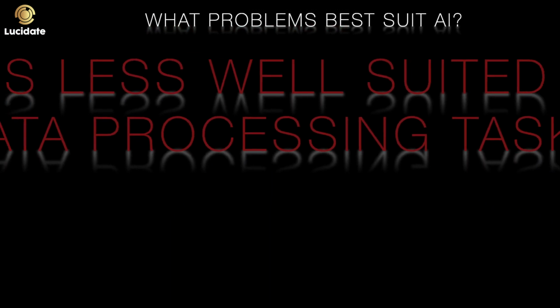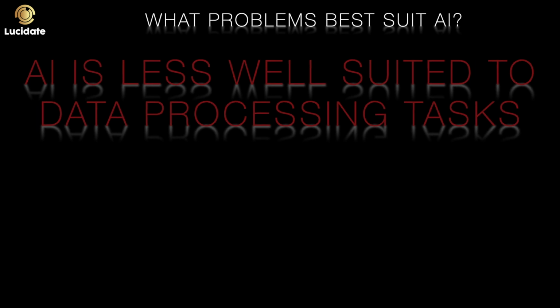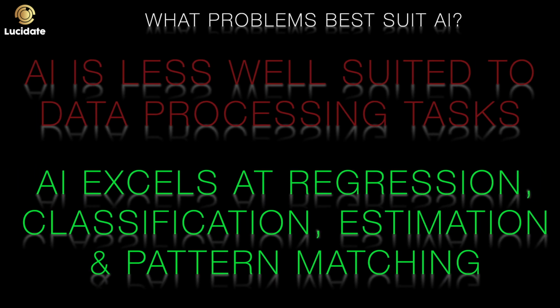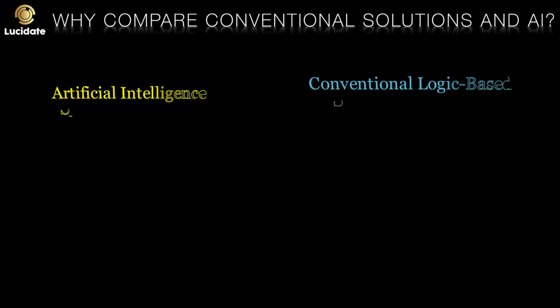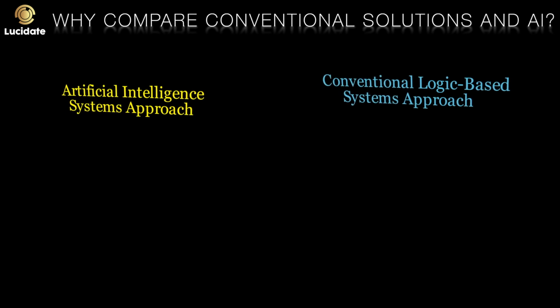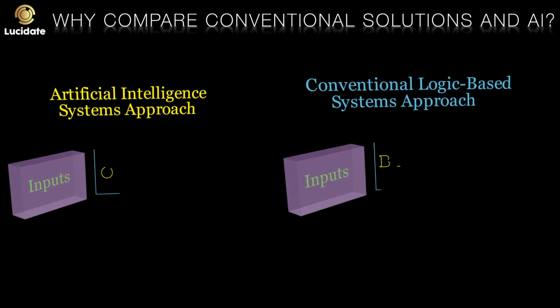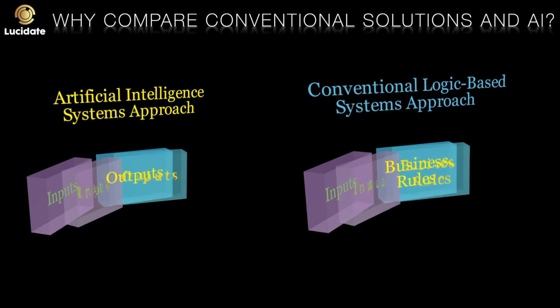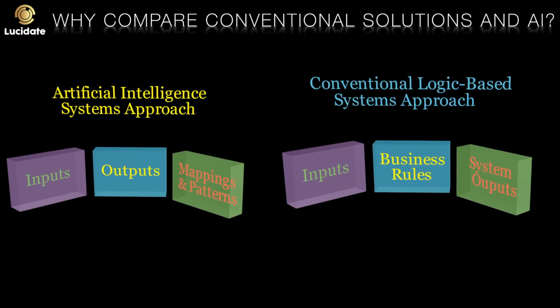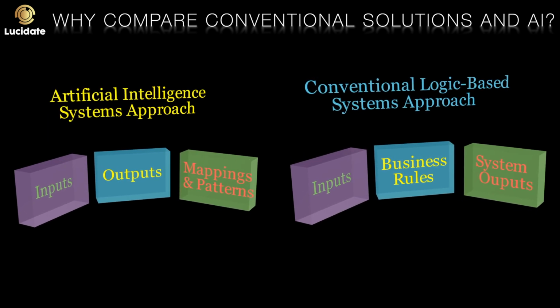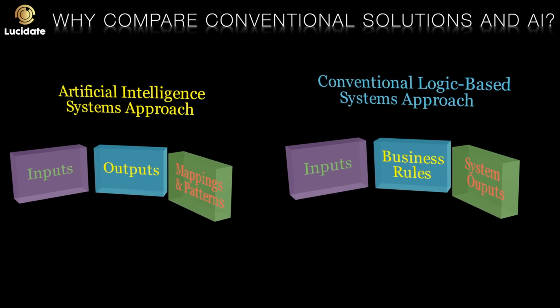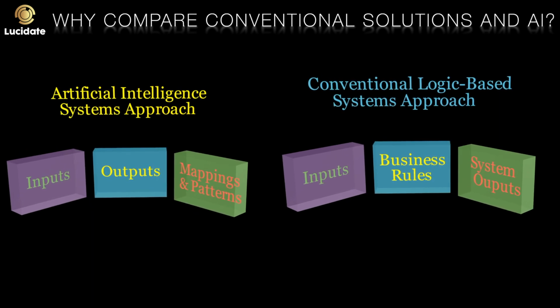Generally, AI is not a great solution for processing systems, but it is great at things like pattern matching, regression, classification, and estimation. Now, the reason for this discussion, comparing conventional systems to neural networks, is to develop an intuition for what neural networks are, an understanding of the problems that they're suited to, and an understanding of how they differ from conventional IT approaches underpins this intuition.